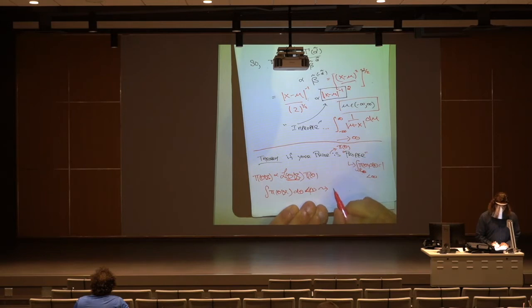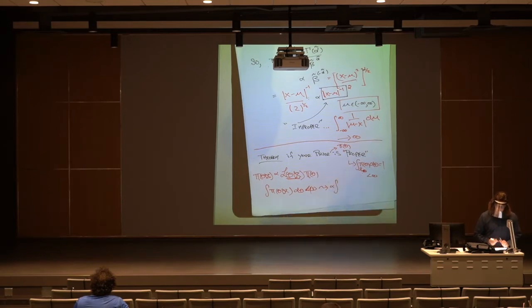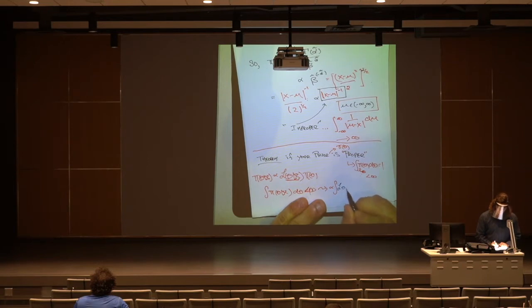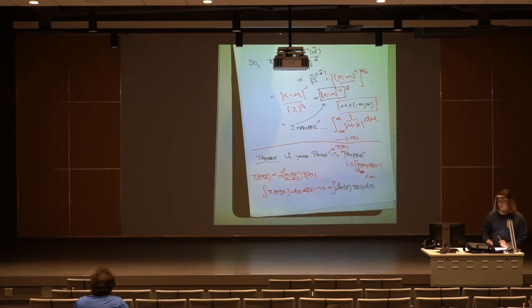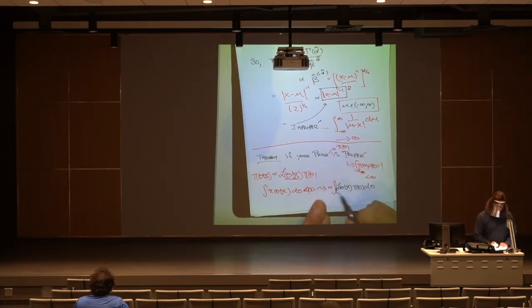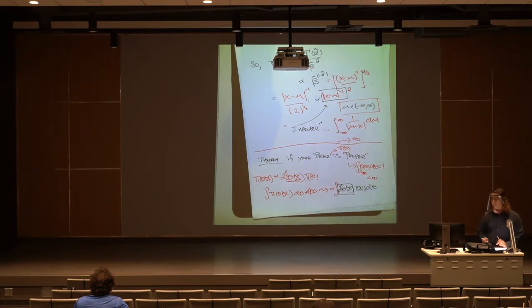So this is just proportional to the integral of the likelihood function times our prior, d theta. So here's what I'm going to assume. So my theorem's an almost theorem. That this is a bounded function, the likelihood function.